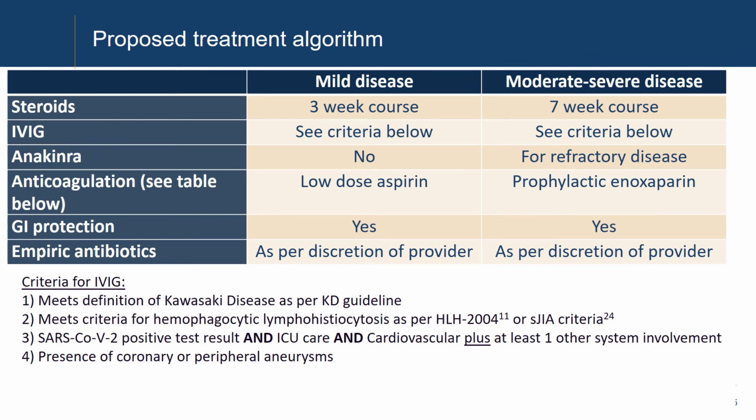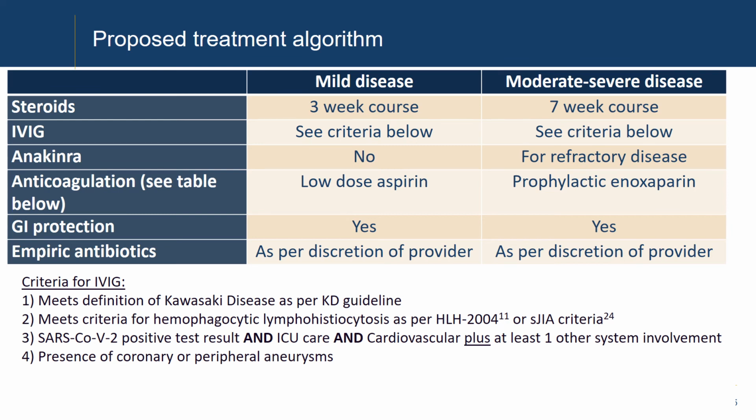If they meet any of those, they're in the moderate to severe category. If they don't, then they're in the mild category. We are proposing that all of these patients be treated with steroids. However, if it's a milder presentation, they are only on a 3-week course, which includes a taper. And if it's moderate to severe, they're on a 7-week course, which includes a very long taper.